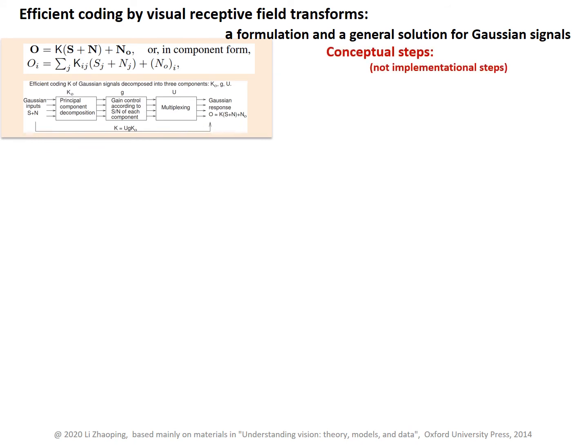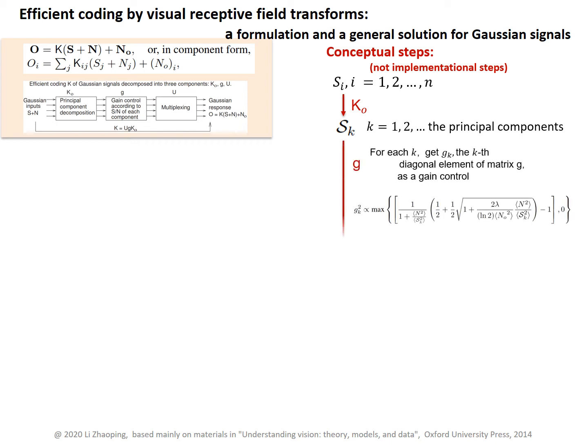The optimal transform K does the following conceptual steps of signal processing. From the input signals S, first it transforms the signals to their principal components. So these components are then independent of each other. Then for each principal component, it gives a gain control by multiplying each component by this gain GK.